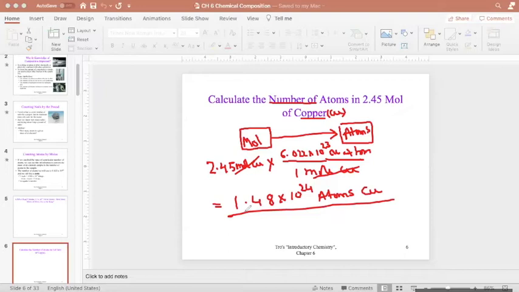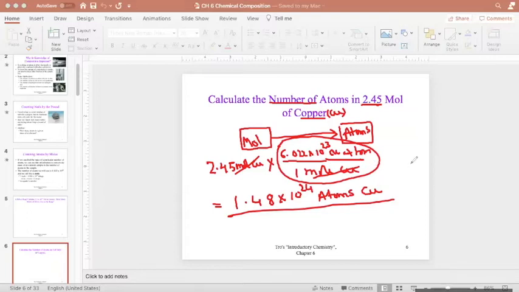Why is this your answer? It has 3 sig figs, and the given number, 2.45, has 3 sig figs. That's why we need a 3 sig fig number in our answer. If you remember, we are not using the significant figures from the conversion factor because I already said this is an exact number.